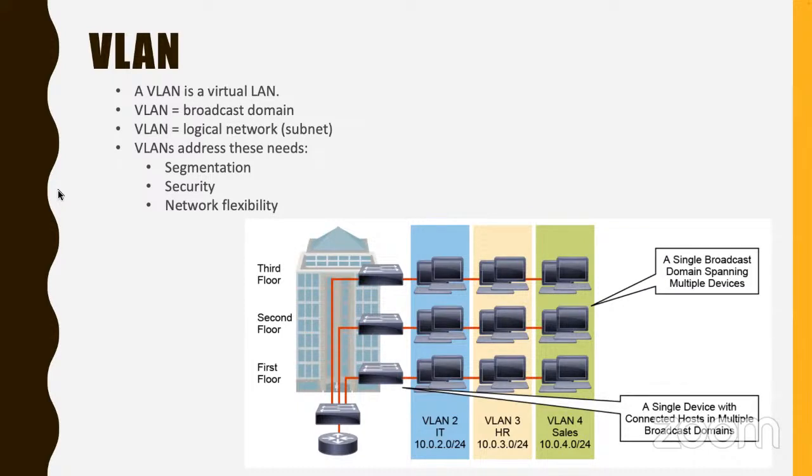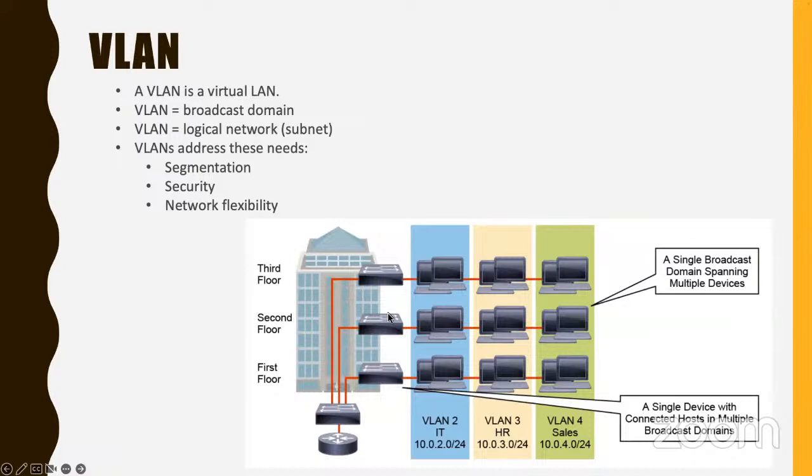That's how we are able to reduce our broadcast and restrict it to a single VLAN that is virtual only. We can keep them separate as a logical subnet or a layer 3 subnet. We are doing the segmentation, making it secure and increasing the flexibility of our domain.